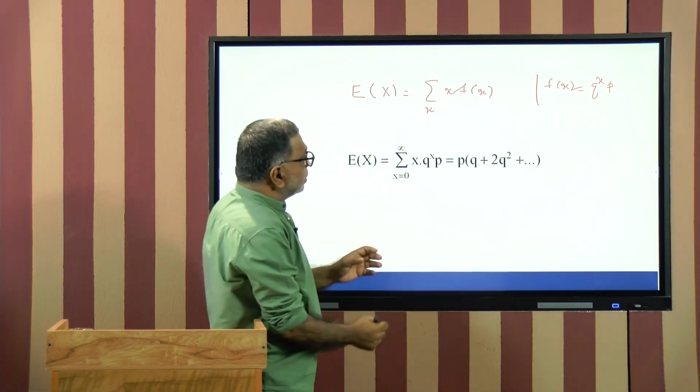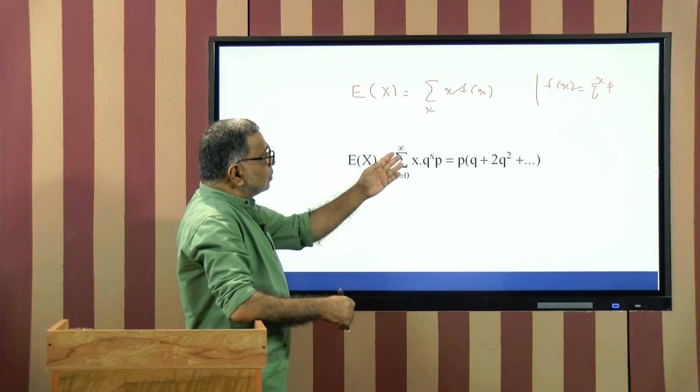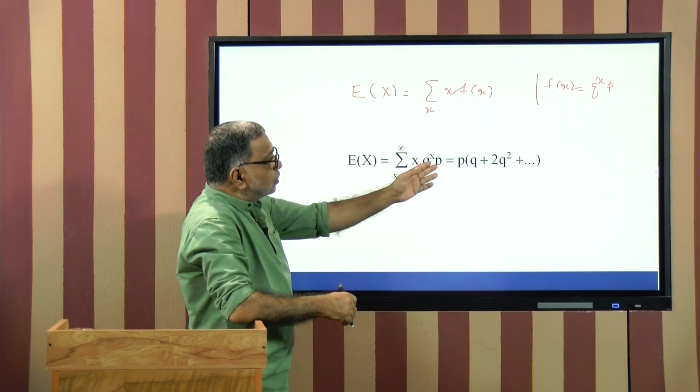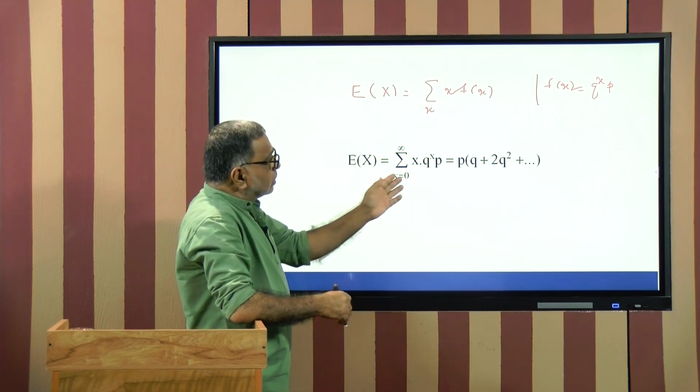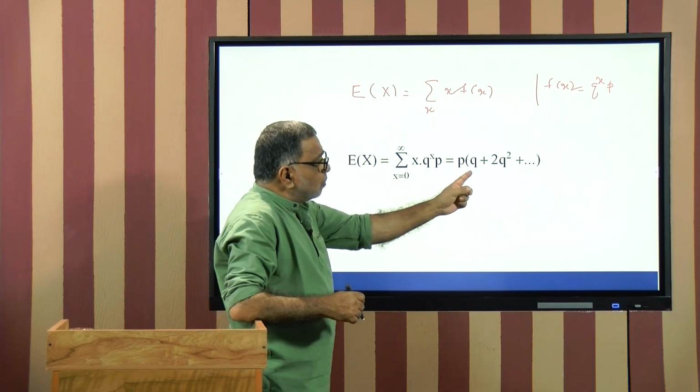So, substituting, it is sigma over x equal to 0 to infinity of x into q to the power x into p, and that is equal to p into q plus 2q square.